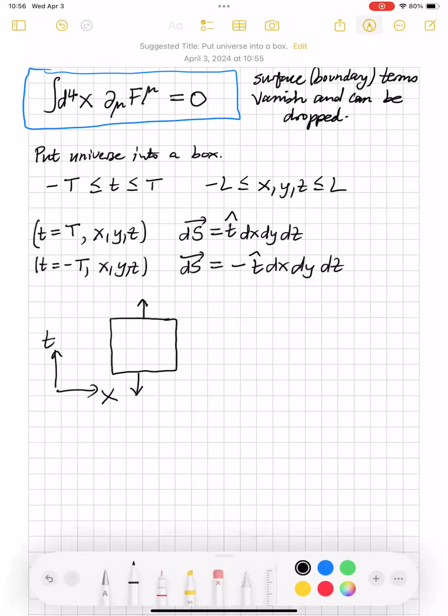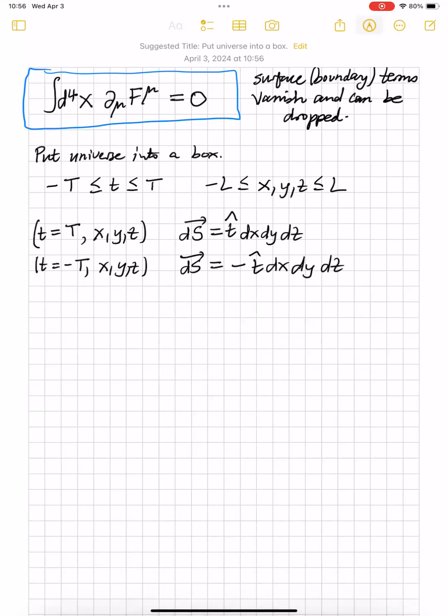Good. Now, let me just make a few comments on what ds is. Actually, I've drawn a vector on top of it, which is maybe a bit misleading. It might make you think that we've got a 3 vector. We don't have a 3 vector. Remember now we're talking about 4 vectors. So, for example, when I write down ds is equal to t hat dx, dy, dz, actually, this is a 4 vector. The naught component of ds is just dx, dy, dz.